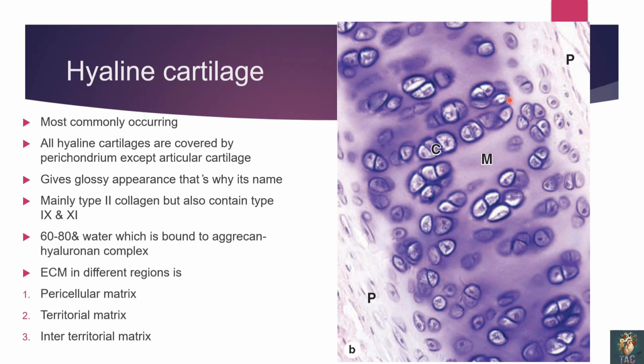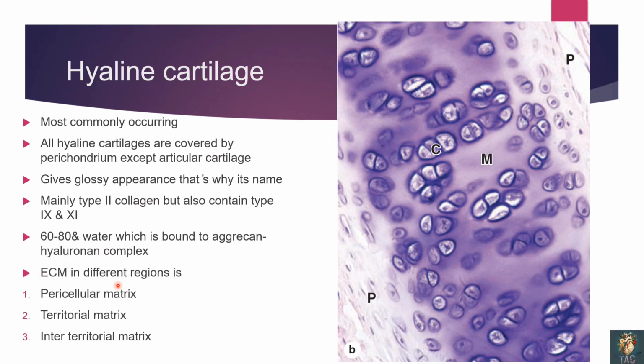So it gives a glossy appearance on cross section, and this glossy appearance is because we cannot see the type 2 or type 9 or type 11 fibers, which are very thin, and the ground substance which is present contains 60 to 80% water. That is why it gives a glossy appearance to it.